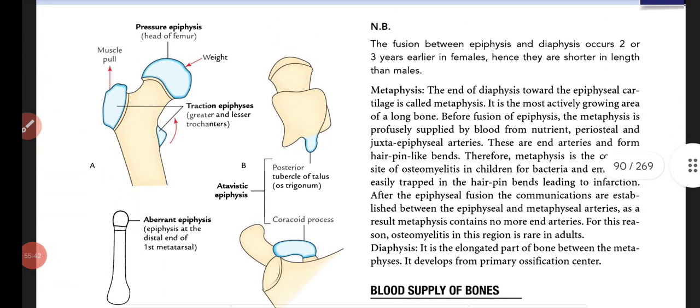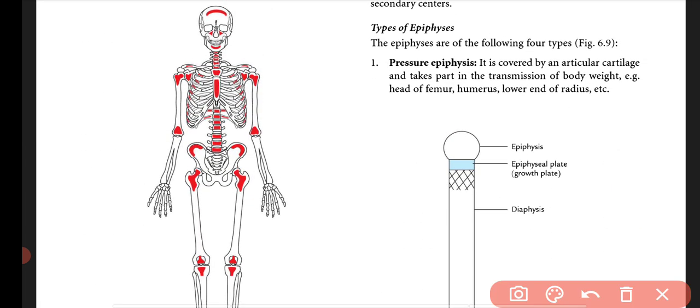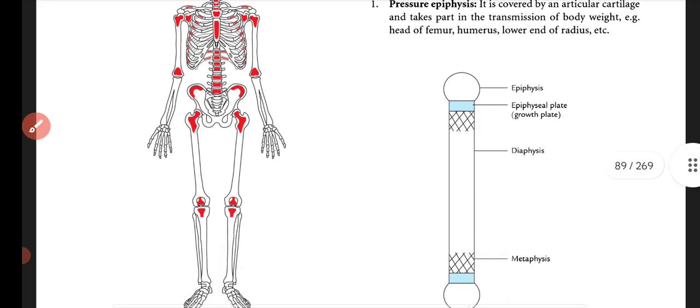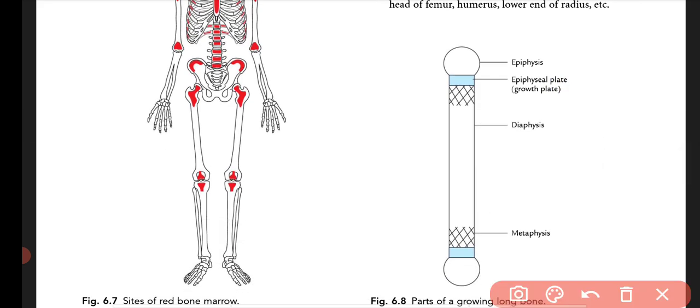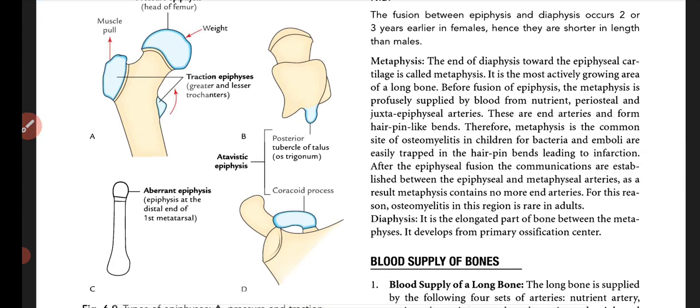The end of the diaphysis towards the epiphyseal cartilage is called the metaphysis. This is the most actively growing area of a long bone. This portion is the epiphysis, the growth plate, this portion is the diaphysis, and this portion is the metaphysis.